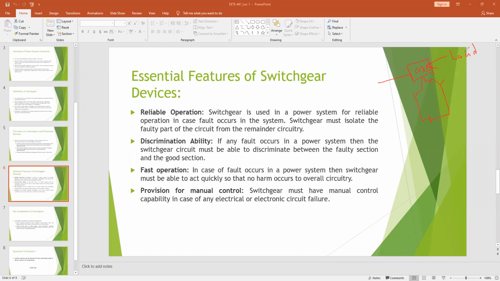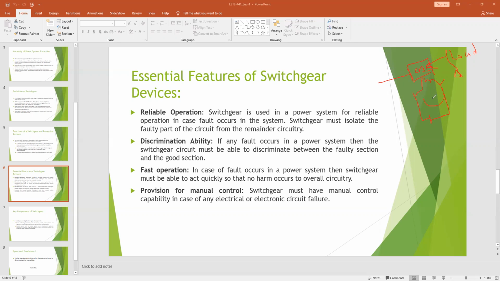That is how we do it. But for some reason, a fault has occurred at the load side. So your circuit breaker, or the switchgear device connected here, is supposed to open and isolate the load section from the remaining power system. That's the policy, right? Yes, sir. That circuit breaker will open through the sequential work of some electronic circuit.